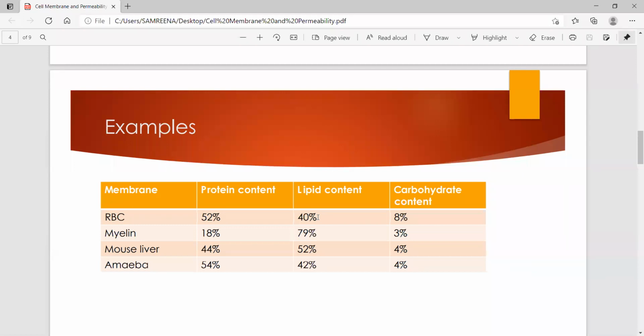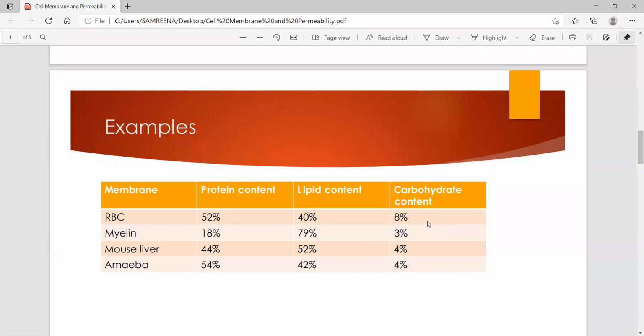Now see another example, the myelin cell या nerve cell जिसको बोलते हैं हम लोग. इसमें हमारा protein content constitutes 18%, its lipid content is 79%, and the carbohydrate content is 3%. They have similar composition, but see the variation of their proteins, lipids, and carbohydrates. It's as per the functioning of the cell.